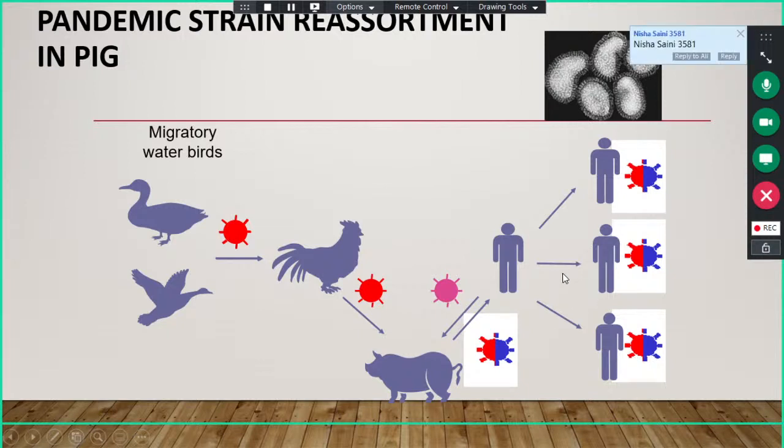Specifically, it may be an influenza virus. That's why it is called swine flu. When we had a major outbreak in 2009, a pandemic, some of you might have already heard of it. It was not to the extent of the pandemic of COVID.